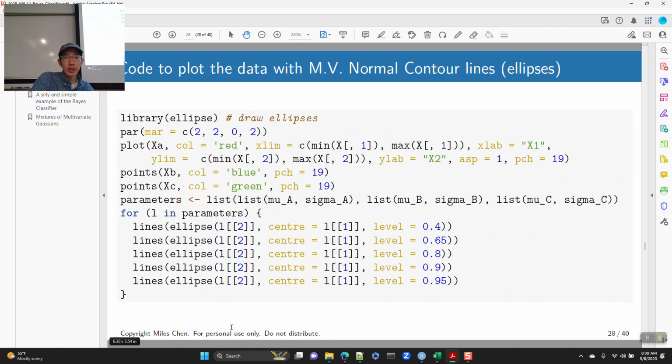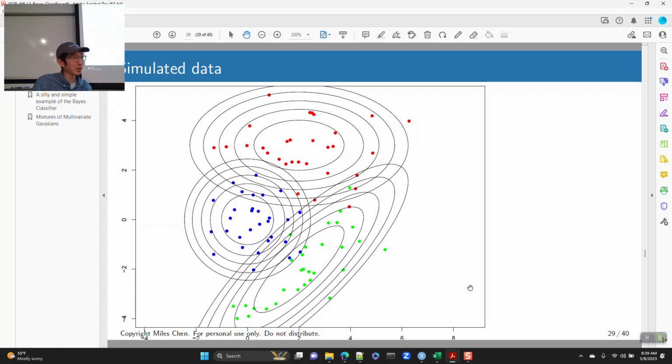All right, and this code is just so I can plot ellipses to give me some contour lines. I drew ellipses at, I don't know, the 0.4, 0.65, 0.8, 0.9, and 0.95 density lines, which are just arbitrary choices, but this is what our densities look like.